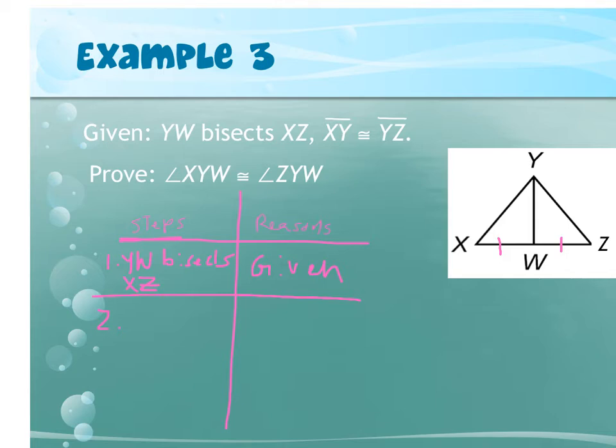So we're making two congruent segments. So step 2 is XW is congruent to WZ. And what's our reason, Allie? Definition of bisector.